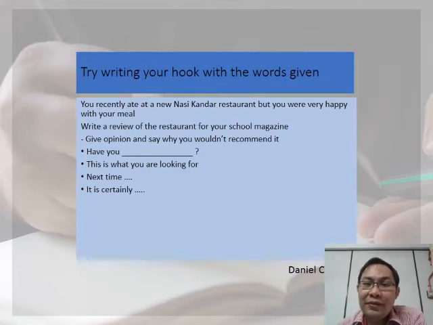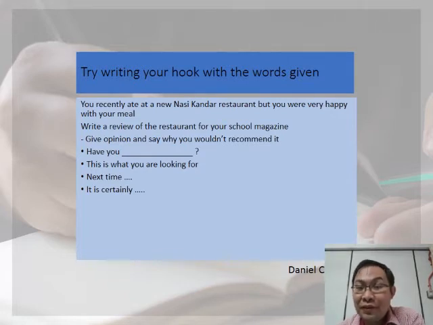Now that you have seen and read what is a hook, why not try writing your own using the words given? You can check your answer with your friends. Remember, it should have a few things. Number one, it can be a question or a description.